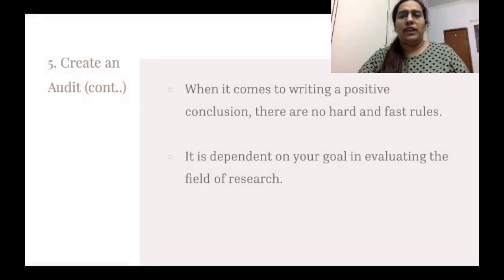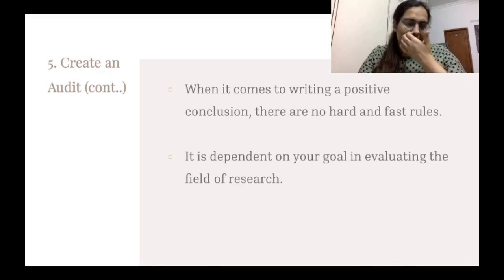So when it comes to writing, generally there are no hard and fast rules for writing any conclusion part. But my way of writing is to have a brief summary of what exactly I said in my background, and afterward what exactly I explained in my whole thesis, the whole scenario of the literature review.